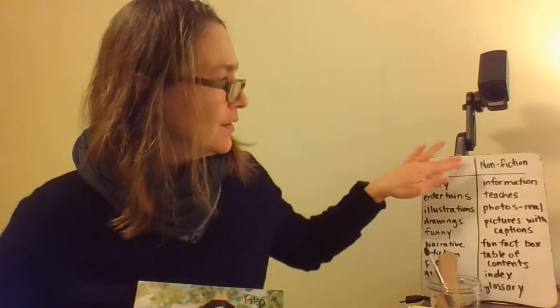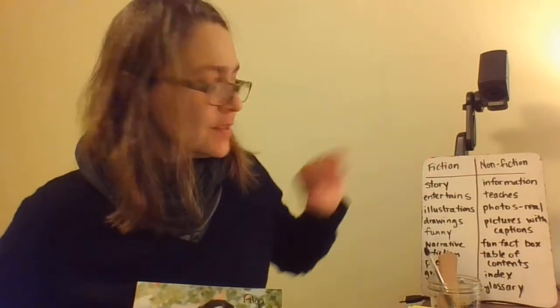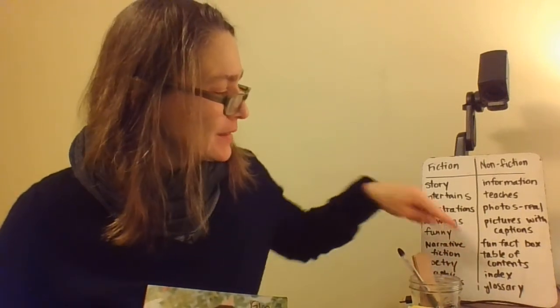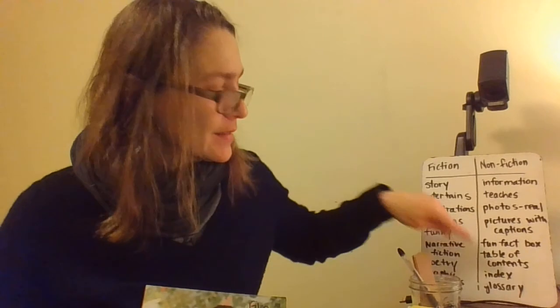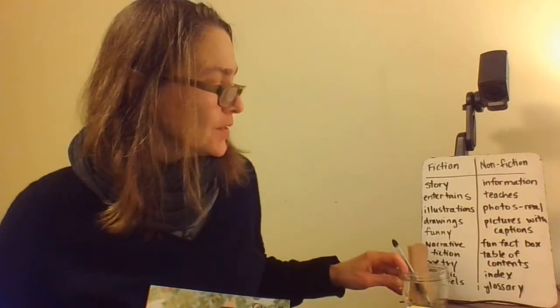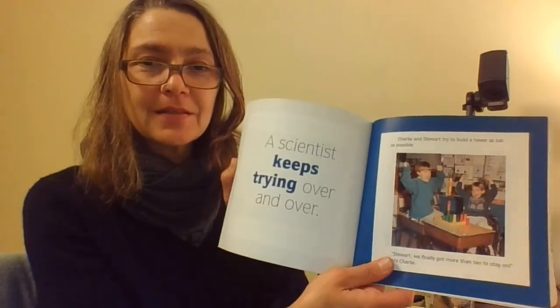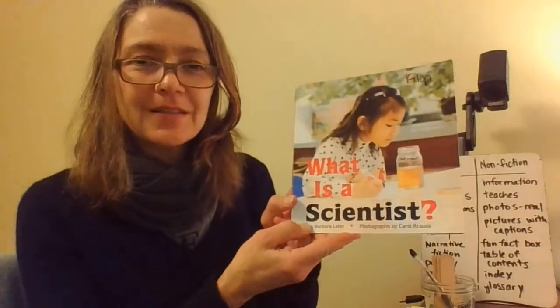Remember from yesterday, a nonfiction text teaches us information, has photos, real pictures with captions, sometimes but not always, but most of the time, has fun facts box, table of contents, most of the time an index, and a glossary. And the glossary page is a page with your important words, the ones that were bold and highlighted throughout the text. Right? That is What is a Scientist.